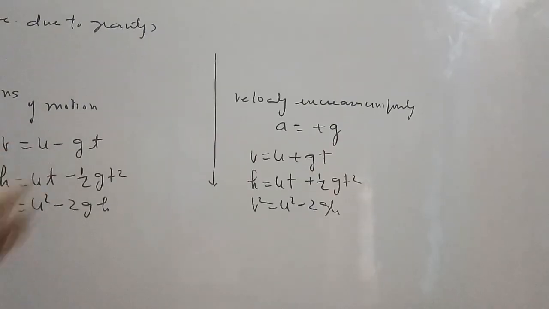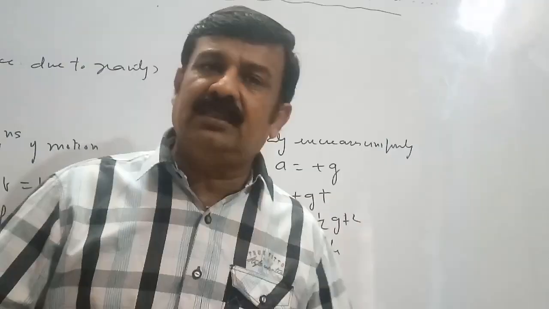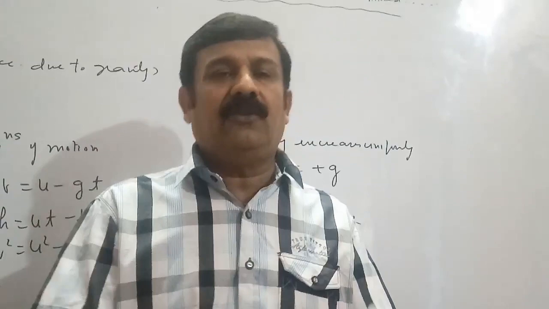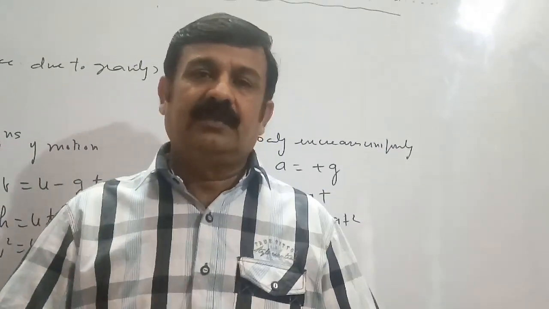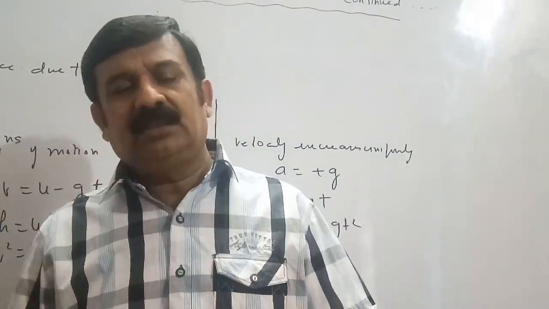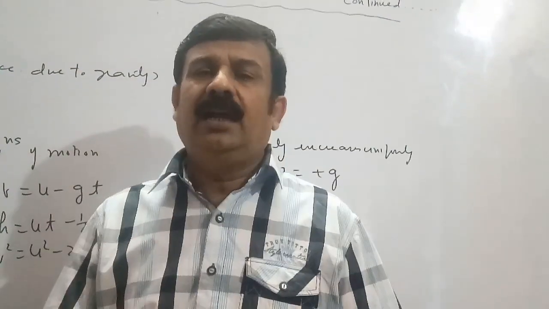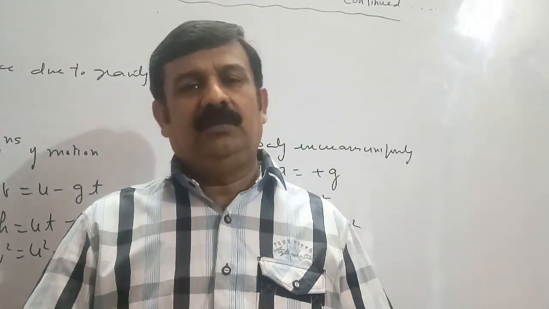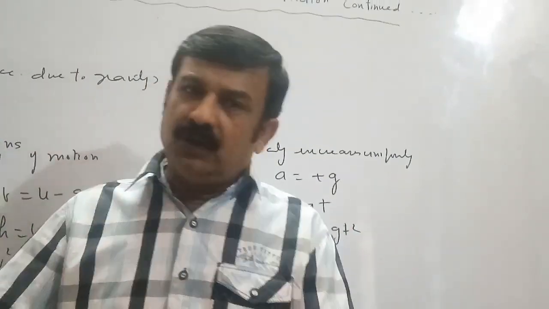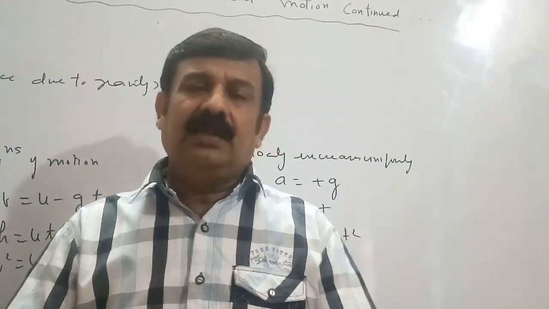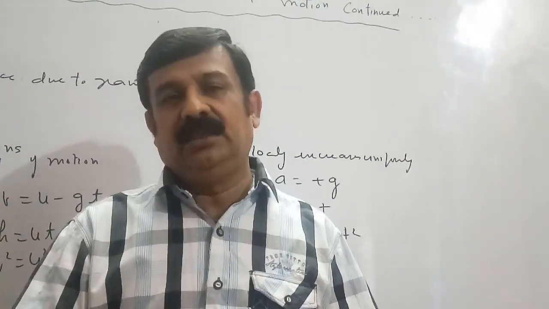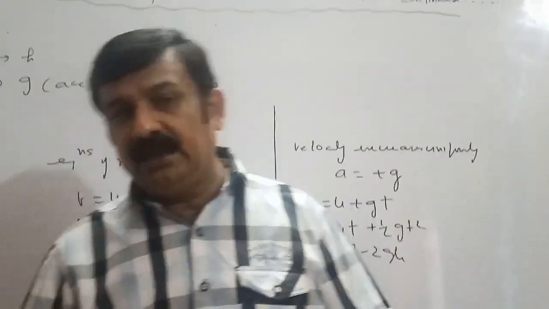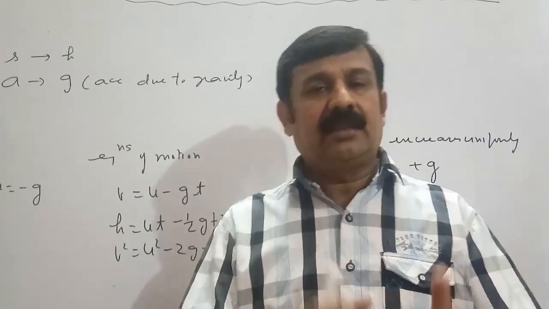So these are four groups of equations which we use directly if the body is performing uniform accelerated motion: two groups for horizontal motion and two groups for vertical motion, that is, vertically upward motion, vertically downward motion, horizontal motion with increasing velocity and horizontal motion with decreasing velocity.